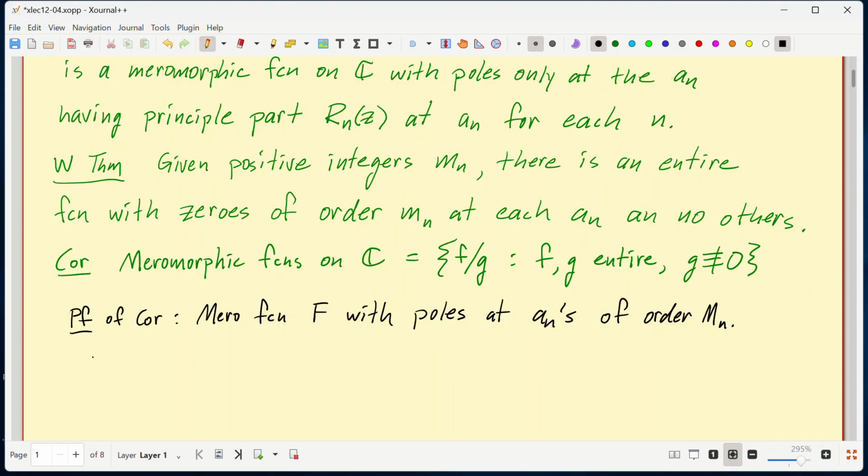Then Weierstrass implies there exists an entire G with zeros at those poles, with zeros of order m_n at a_n.